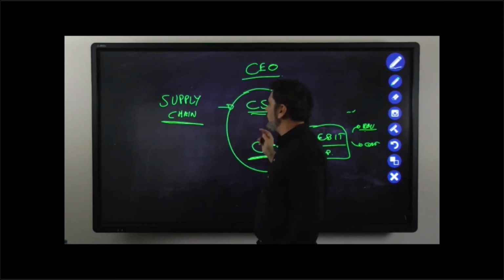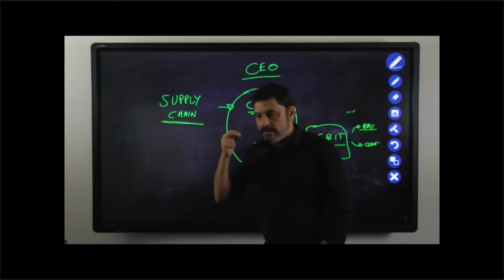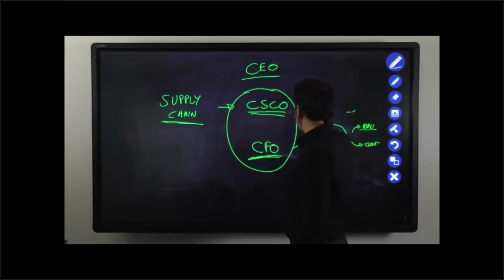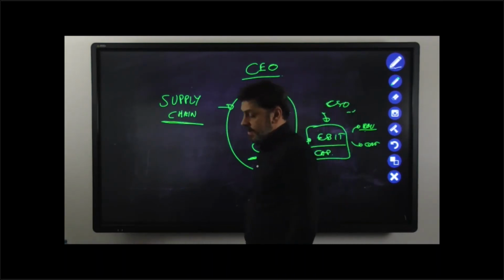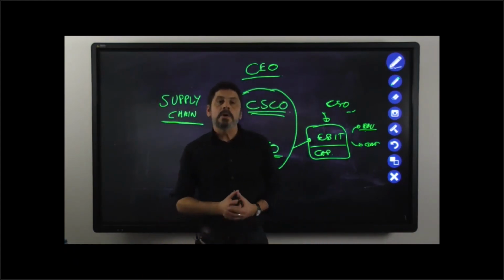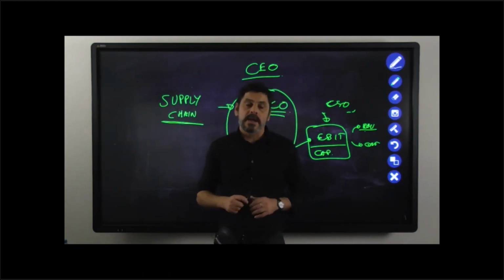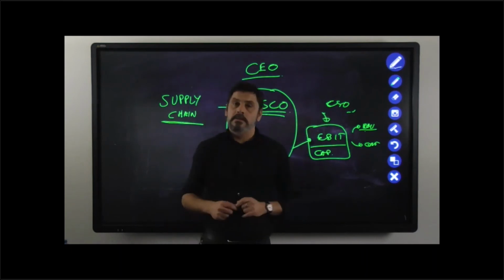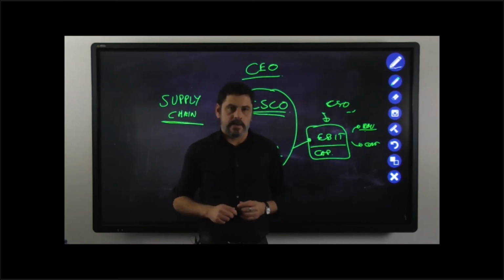A real CSCO, to my mind, with the understanding of the financial impact and so on, should be able to connect all these roles to support that strategy. So, short answer: CEO, who should be monitoring it and supporting it, CSCO, CFO, and maybe some CSOs out there.